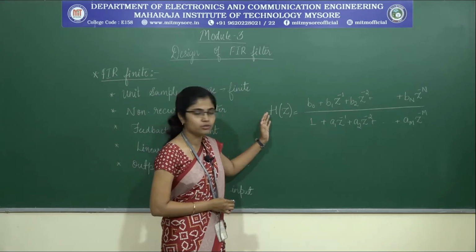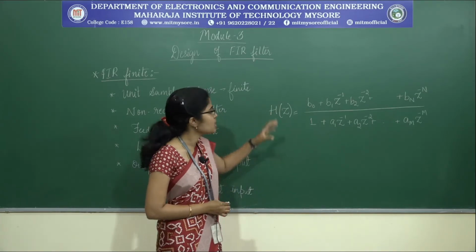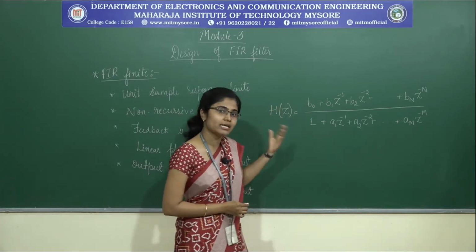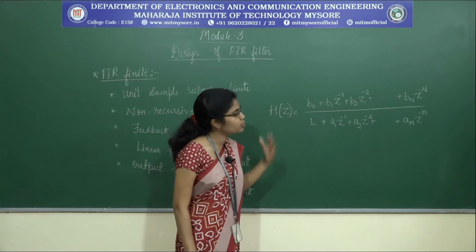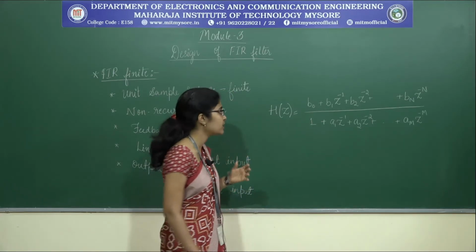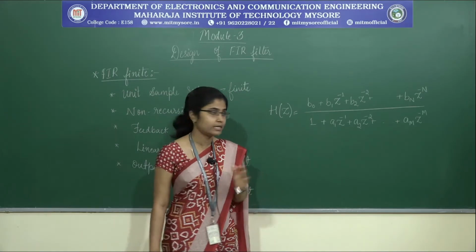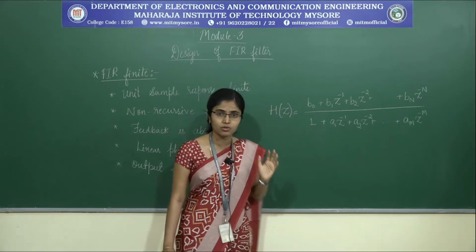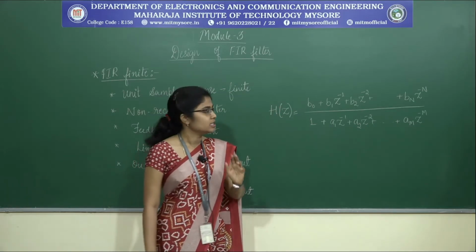If I look into this, we all know the transfer function contains zeros and poles. The numerator part tells the zeros present in the system. Similarly, the denominator part tells the poles present in the system. Therefore, if the transfer function of any filter contains both poles and zeros, then it is nothing but an IIR filter.